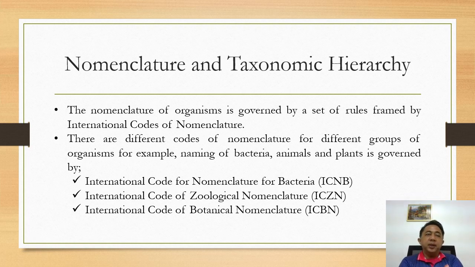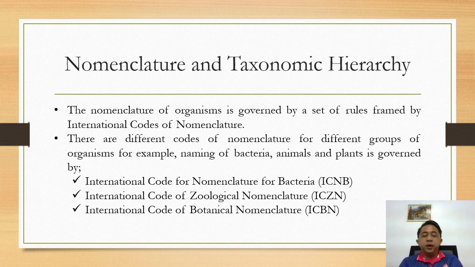It doesn't mean that you can name that discovery automatically. It will follow a set of rules. Okay, so commonly in each domain, or group of organisms such as bacteria, animals, and plants, there is a specific governing body in naming or classifying those discovered organisms.